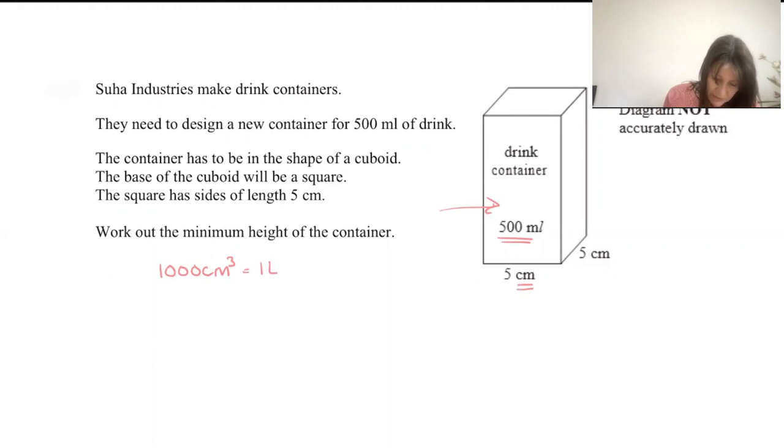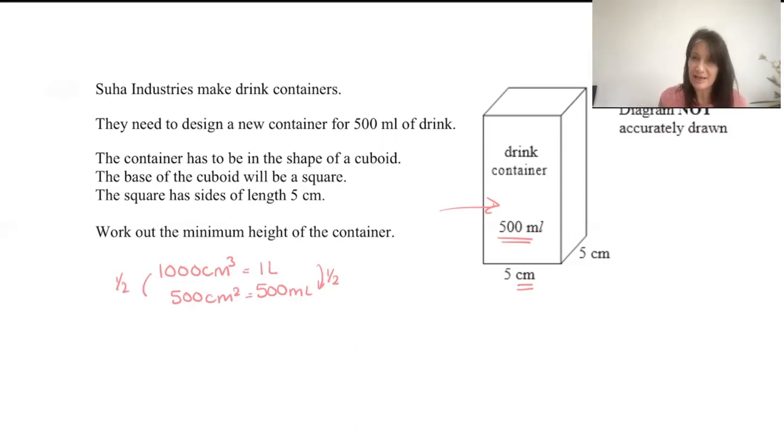We want half a liter, we want 500 milliliters. So that's a half. So we do the same to this side and we can see actually that this is not something that we need to worry about. The units are exactly the same. So I can just crack on with that without having to do any other kind of adjustment, but really important that we notice those different units.